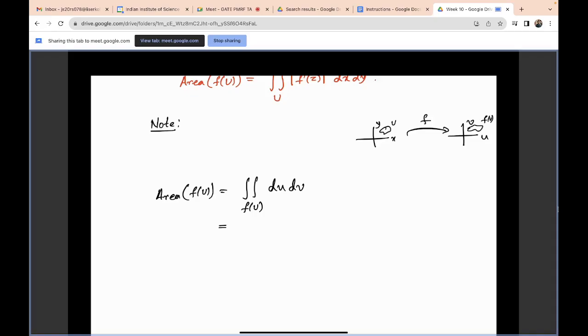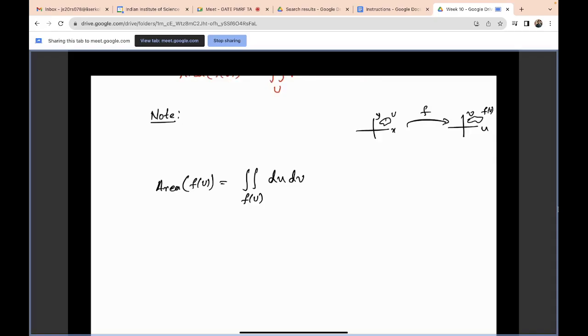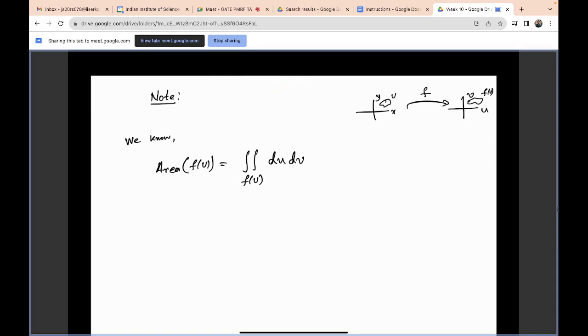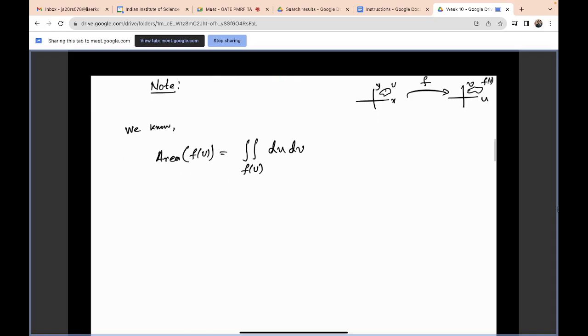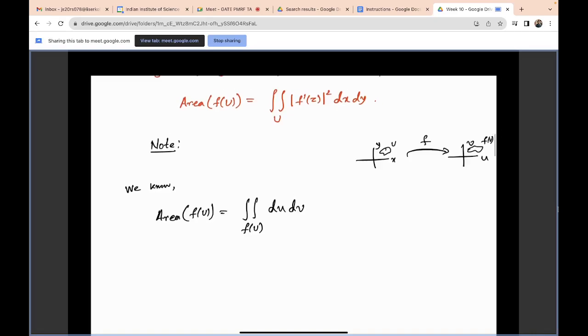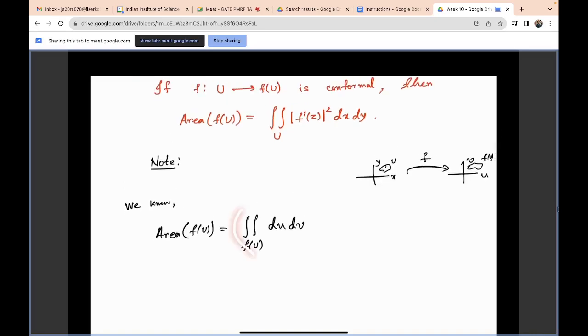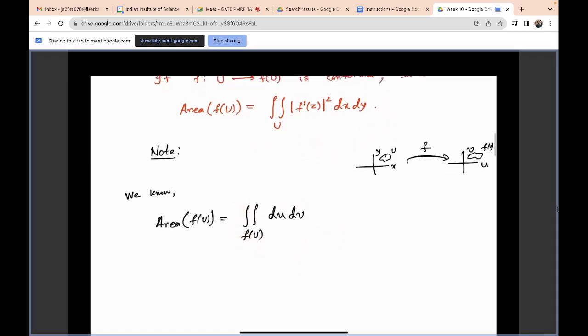Here we need one more result. So you have to prove that this should be equal to this one. You have to show this.